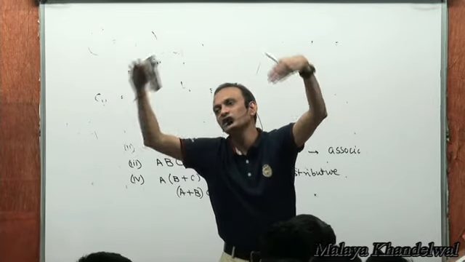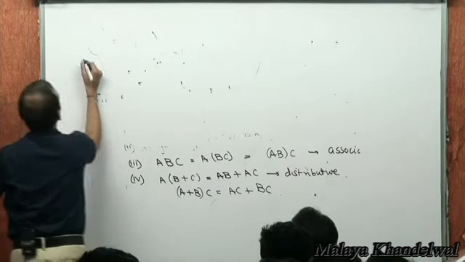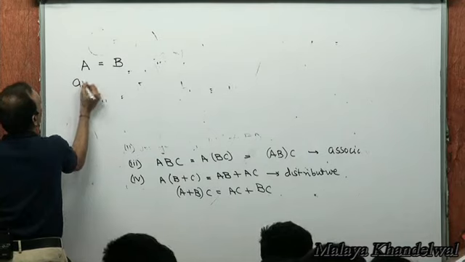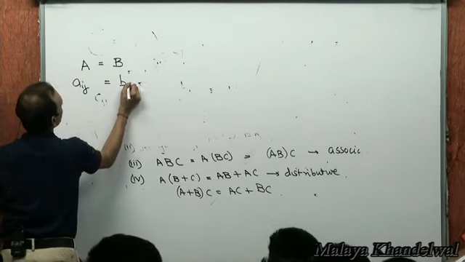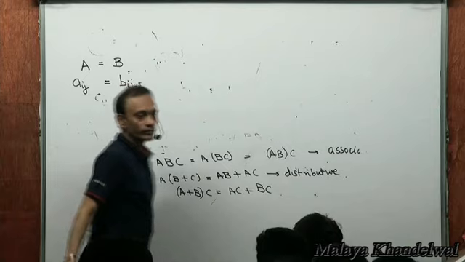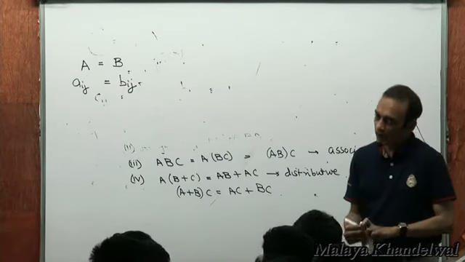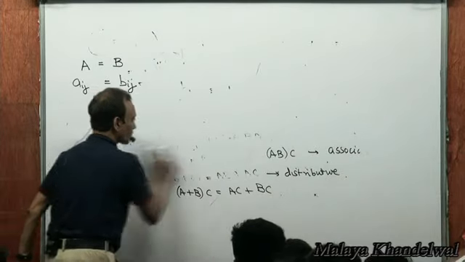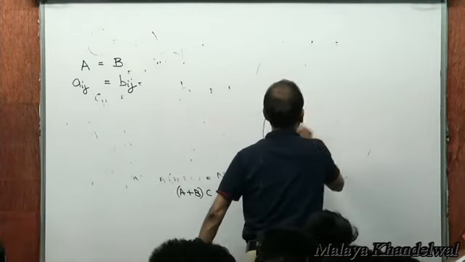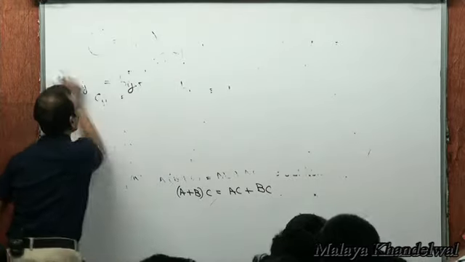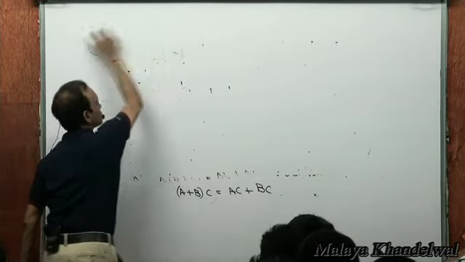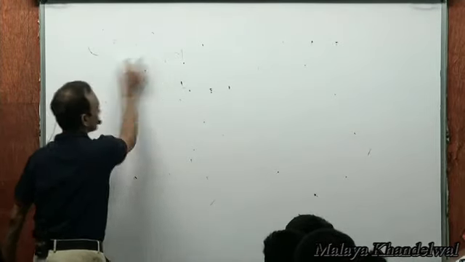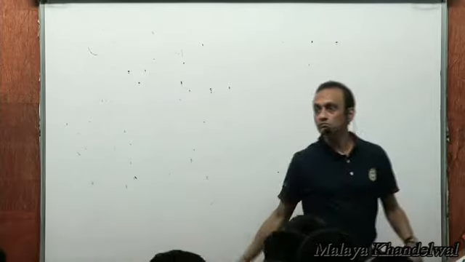If a matrix A is equal to matrix B, it means Aij must be equal to Bij. Right? So far, so good.